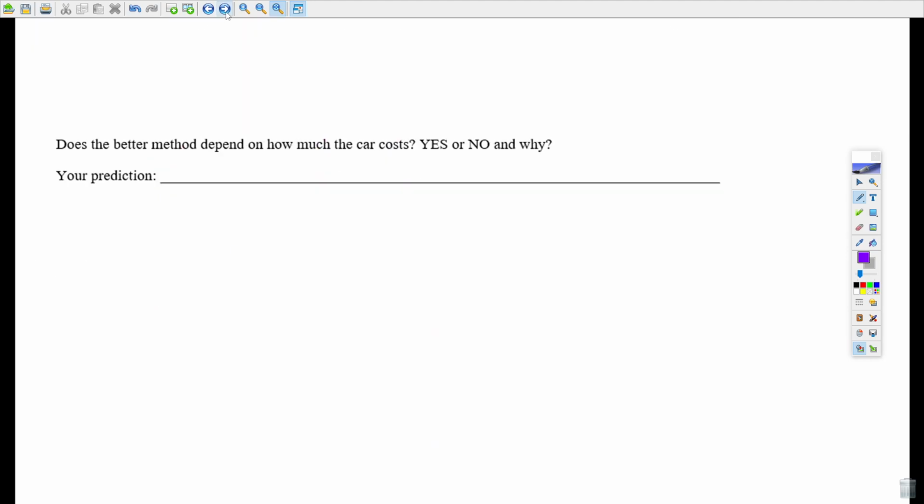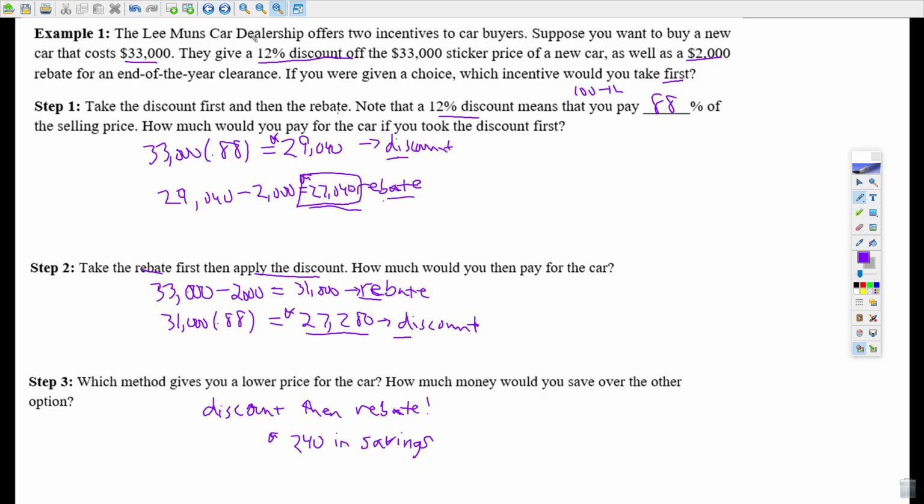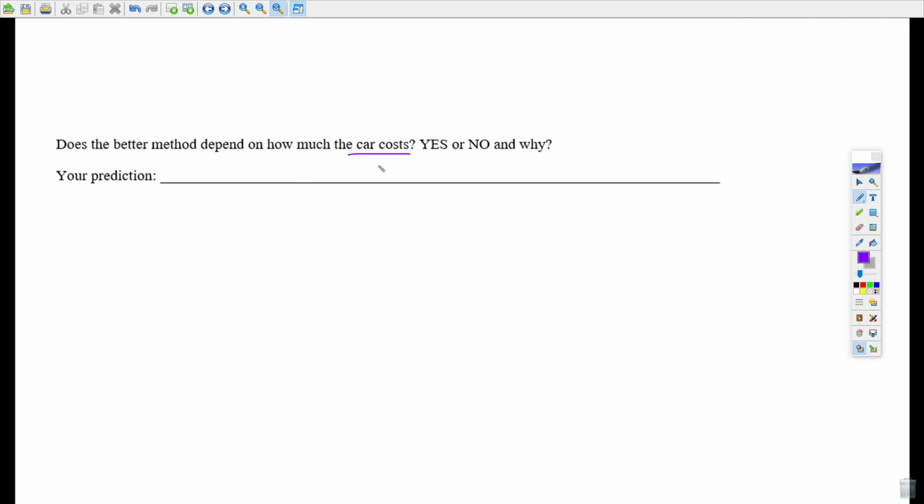Now we get to the next question of, does it matter which one you take first if the car costs differently? So does this better method, which we said was discount then rebate, is that always the better choice? Does it matter how much the car costs, which we said was $33,000 in the last example? That's a yes or no question, and why, and you're going to write your prediction here, which I'm not going to fill out. We'll talk about it later.